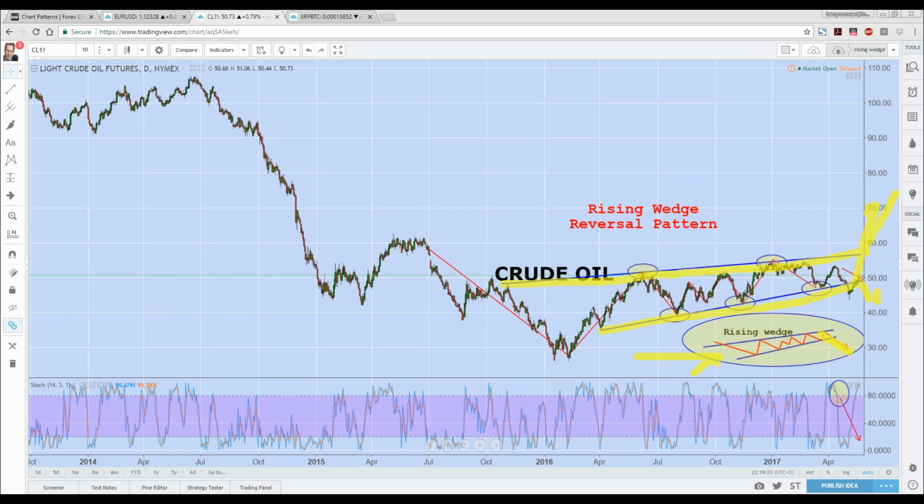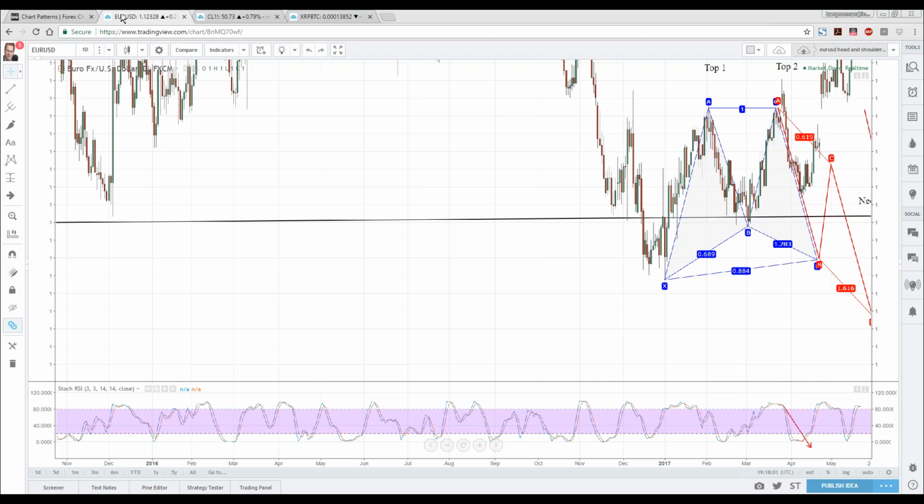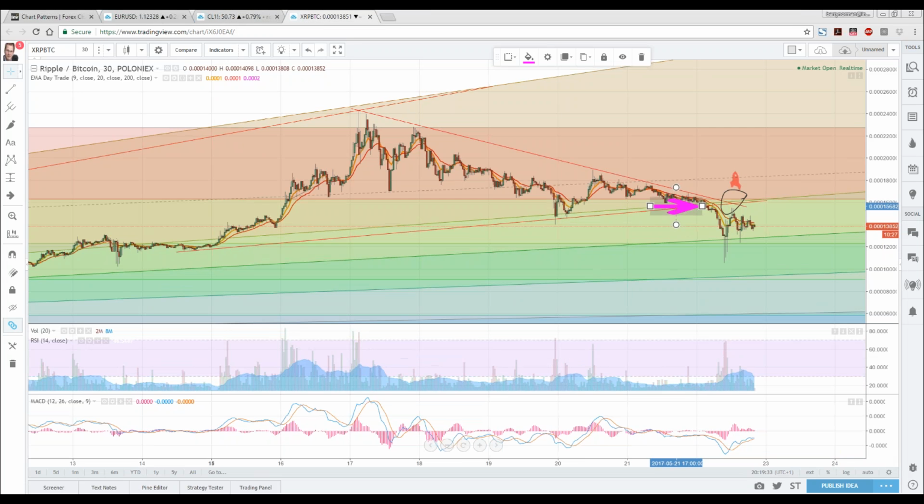Let me take you over to, I think I have another one up here with triangles for you. Okay, now here we're looking at another chart, and this is a lot simpler.